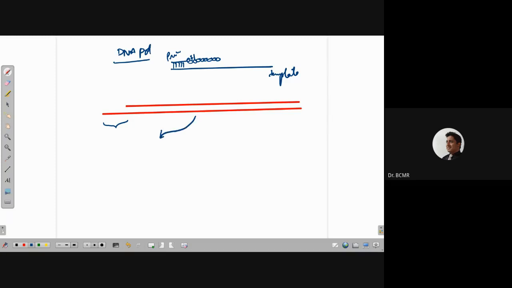I will try to put what will happen for each of the cases. So assume they are of the same length. This is what will happen for the lower strand, and you will have the newly synthesized strand for this one.